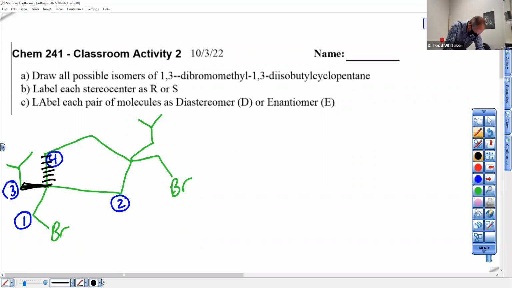You can do that on the other side of the molecule too. I'm going to make that the wedge. Oops, they've got to be adjacent. Make this the wedge. This the dash. And that goes 4, 3, 1, 2. 2s are the same.